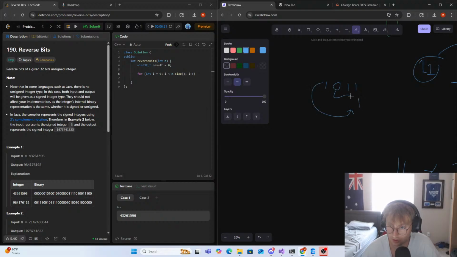Move this 0 here. 1 goes here. And then our last one goes over here. So we get 1101. Does that make sense? We're just reversing the form in binary.